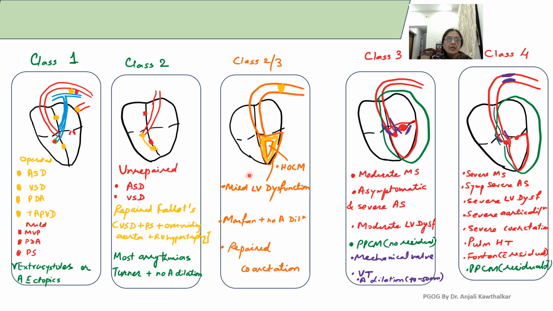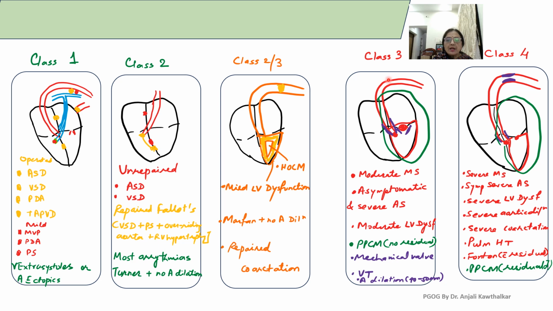What I mean to say is, if we understand that from class 2/3 serious conditions are starting, whereas class 1 and class 2 less severe conditions are there. Congenital heart disease also we can see that ASD, VSD, PDA, all these are coming here. Gradually there is a congenital heart disease where there is a coarctation, then there is a dilatation of aorta. All these will be coming to more severe grades then.